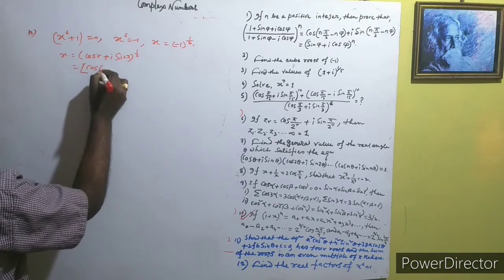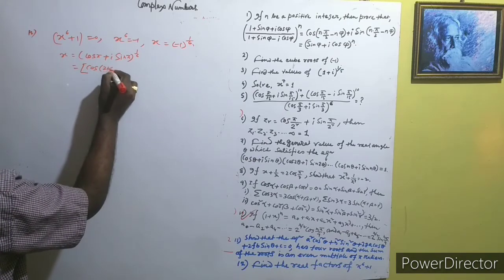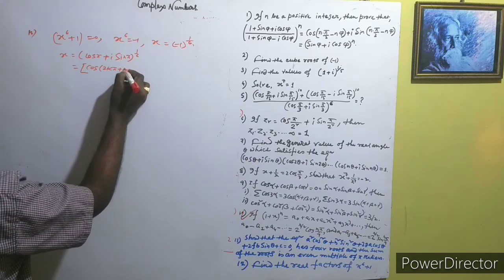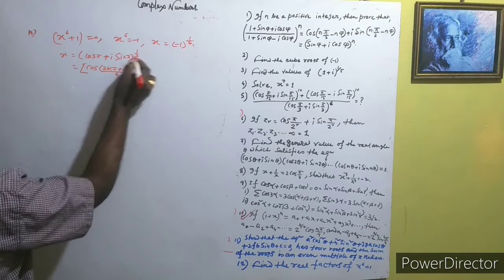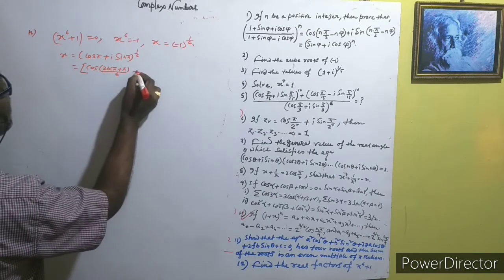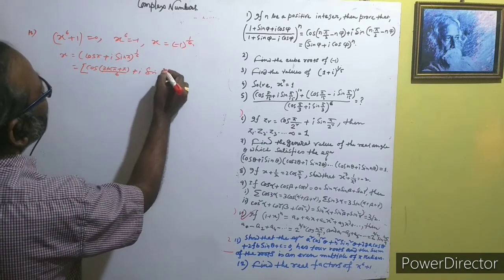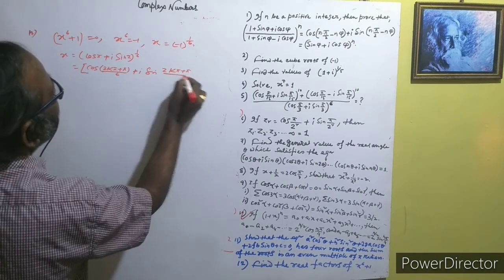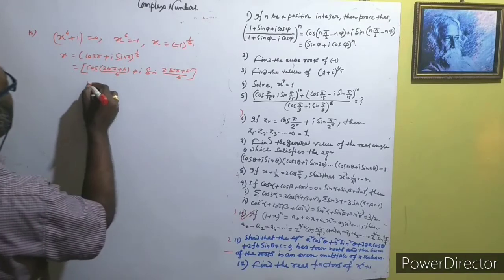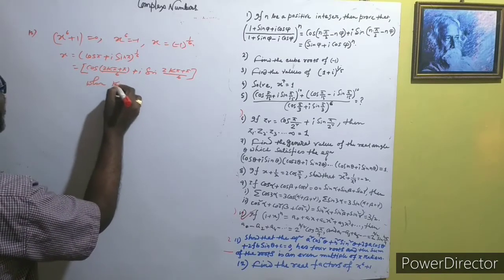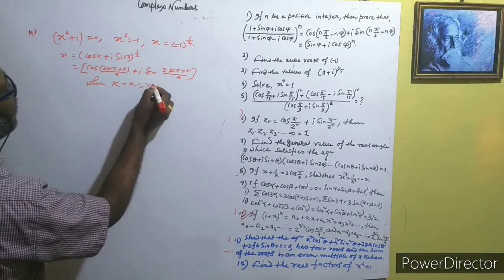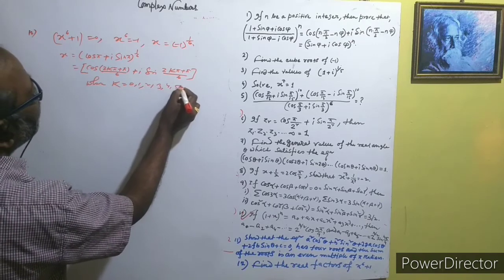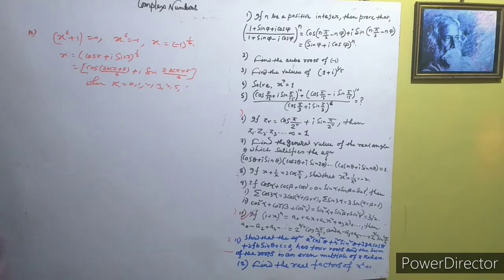Then the 1 by 6 multiplies: cos of (2k pi plus pi) by 6 plus i sin of (2k pi plus pi) by 6, where k means 0, 1, 2, 3, 4, 5. This is the solution which we get here.